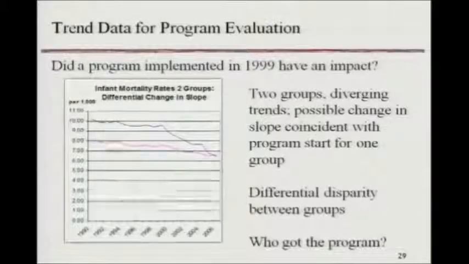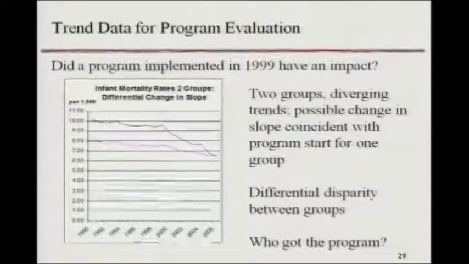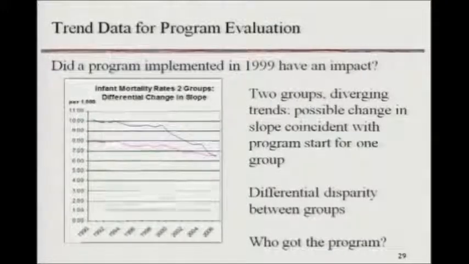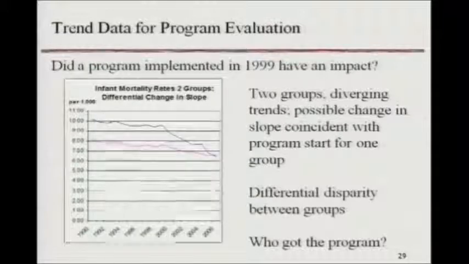Will it affect groups differently, even those people in the program? Do you expect the program to affect everyone the same, or maybe there will be differential effects? If you state your hypotheses about what you think the Healthy Start program is going to do, then you should be able to draw a picture like this that mirrors your hypothesis. And then you can check it empirically when you actually do data analysis.